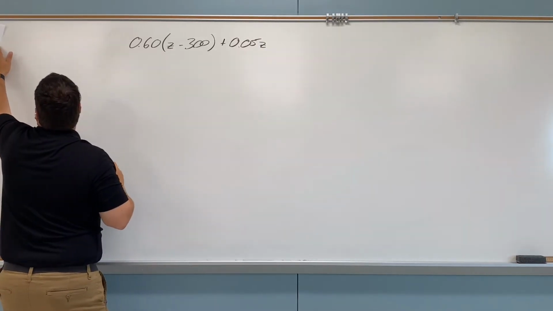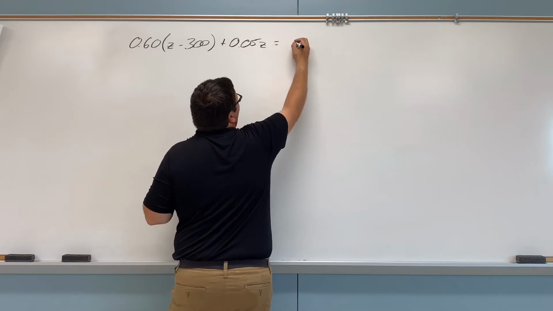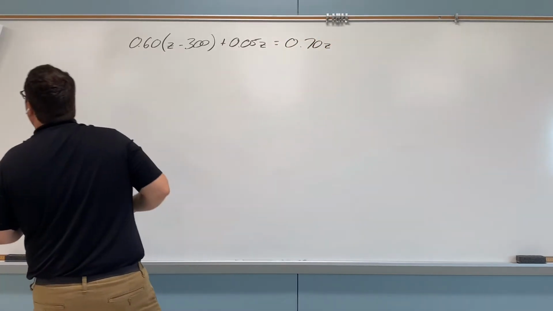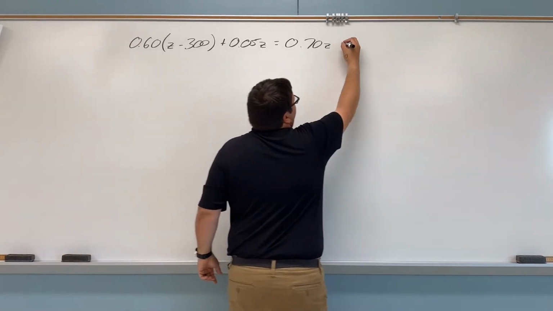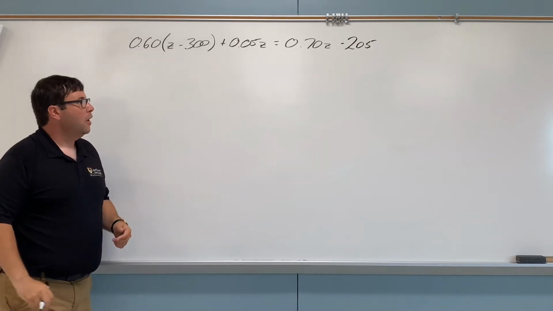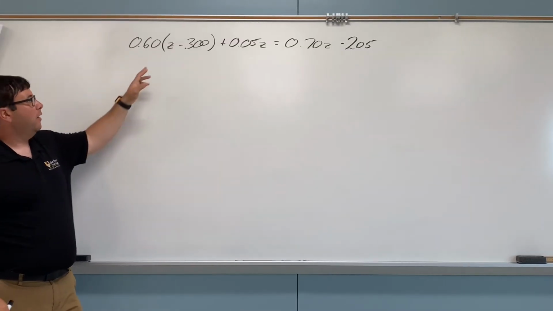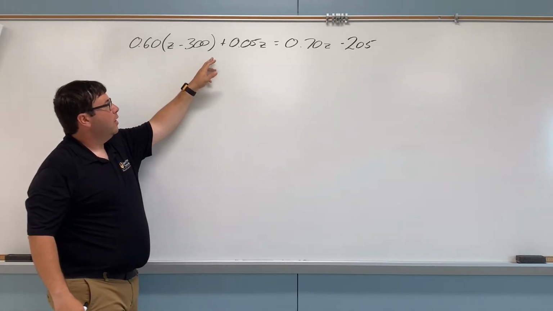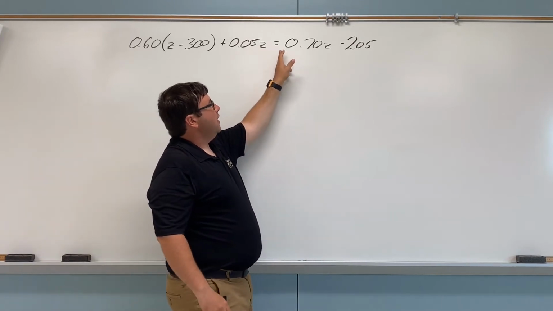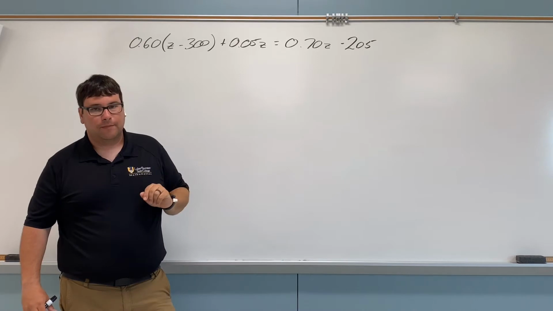If you're wondering, I am referencing my notes, so I make sure I copy the problem down correctly. It's always a very important step. So my new problem reads as 0.60 times the quantity of z minus 300 plus 0.05z is equal to 0.70z minus 205.